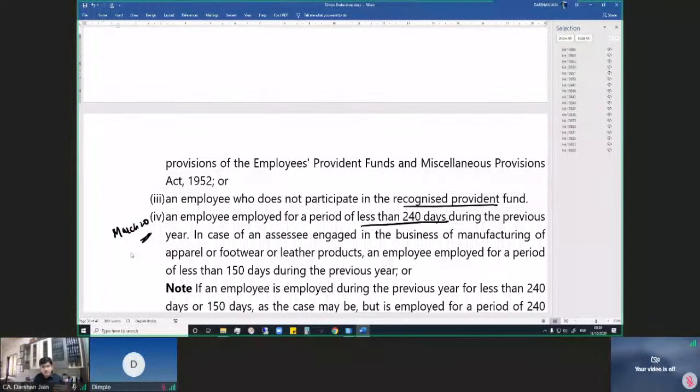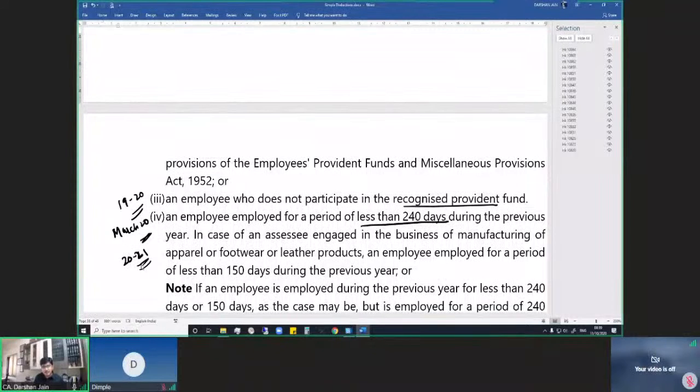However, what happens is during the year 2021, that is in the subsequent year, he might stay for more than 240 days. Let's assume he is employed for the entire year. You couldn't claim deduction during 1920 because he was employed for less than 240 days. In 2021, I would say that he is not a new employee. He was already employed in the preceding year.